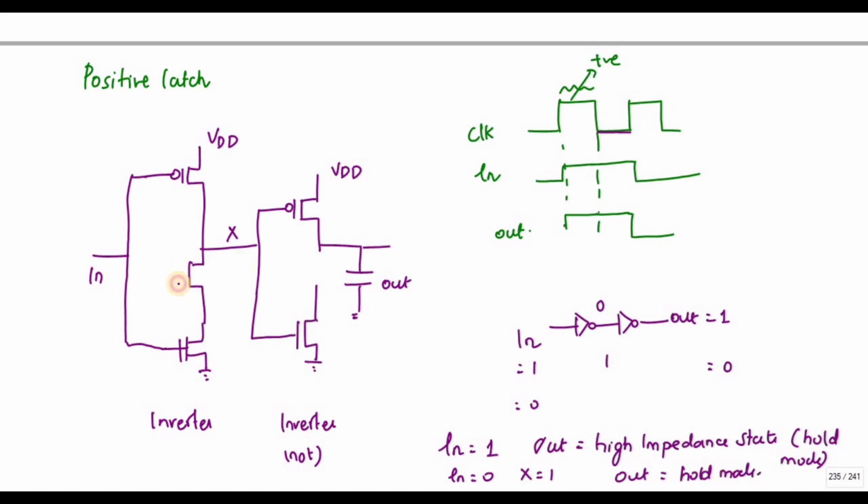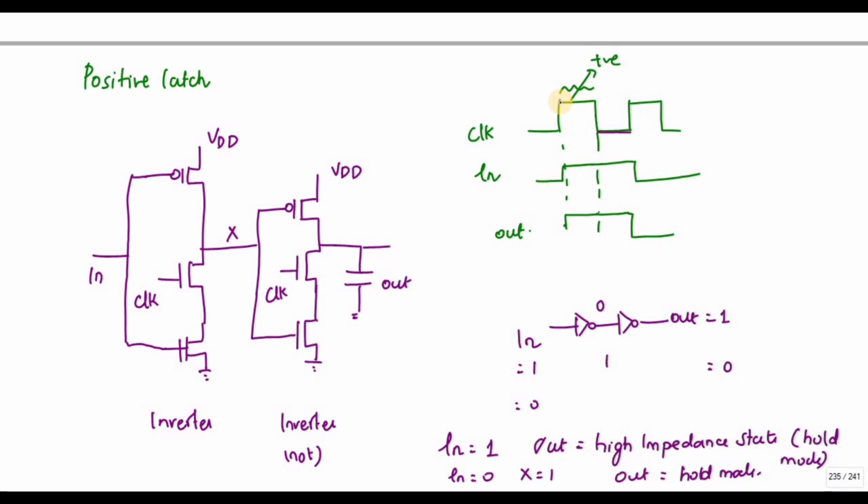This is my circuit. You have to take the output from above the NMOS. So this is about the positive latch.